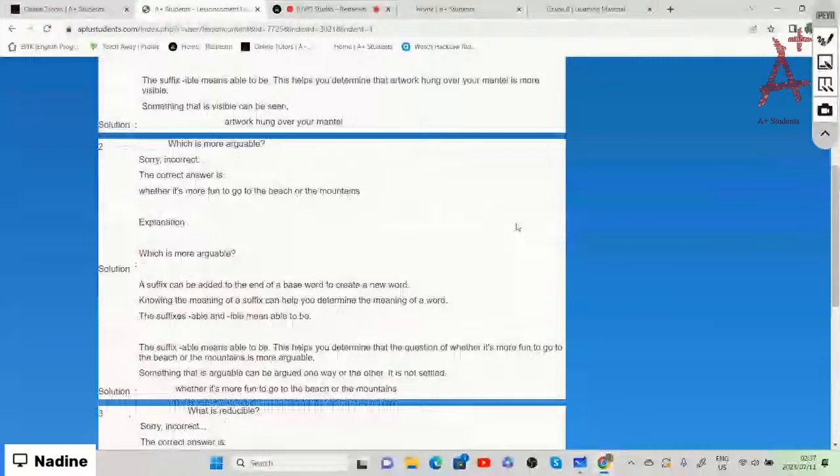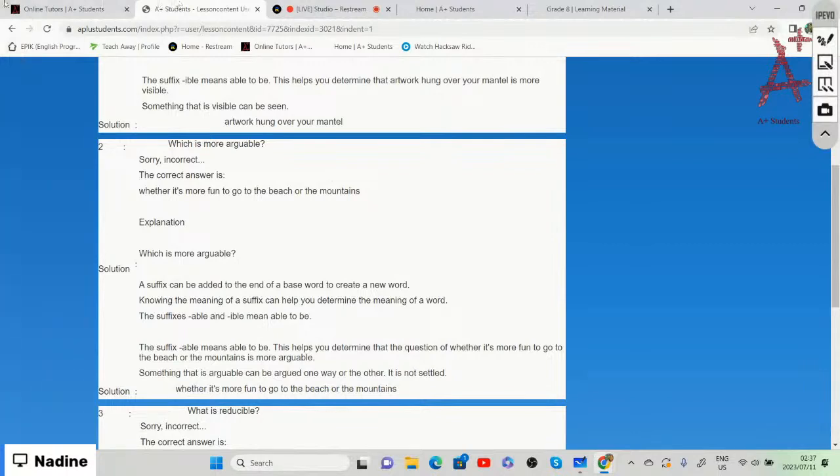Which is more arguable? Arguable, right? And something that is more arguable, it says that the question of whether it's more fun to go out to the beach or the mountain is more arguable, because now you're arguing about going either to the beach or going to the mountain.